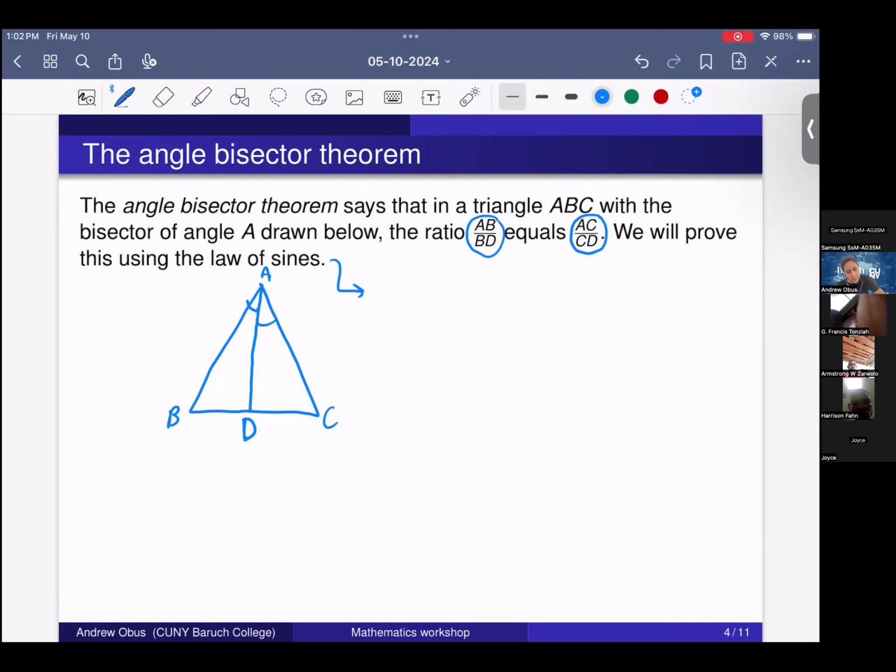Let's remember what it says: A over sine A is equal to B over sine B is equal to C over sine C, where we label these sides by their opposite corners. That's C, that's B, and this over here is A.